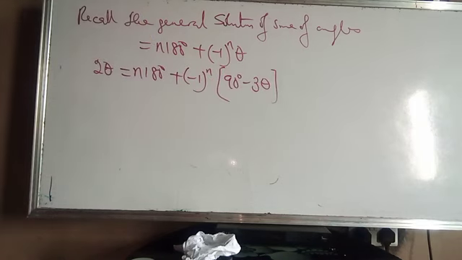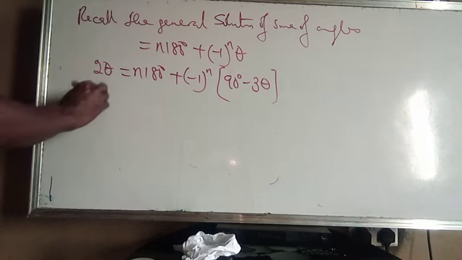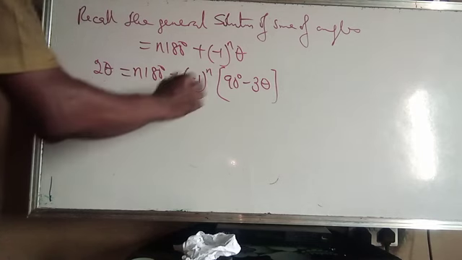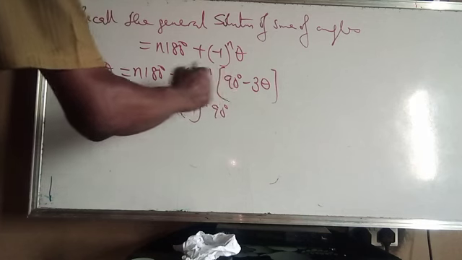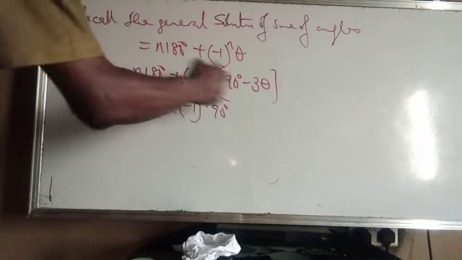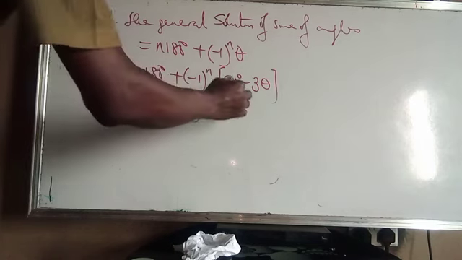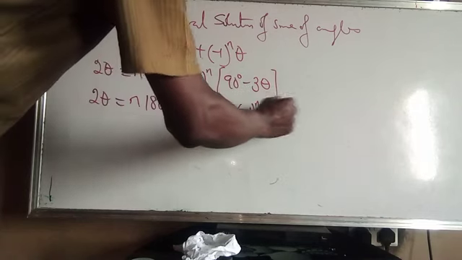So by the time we expand this, we have 2 theta is equal to n 180 degrees, plus or minus 1 raised to n 90 degrees, then minus, because minus times plus is minus, minus 1 raised to n 3 theta.